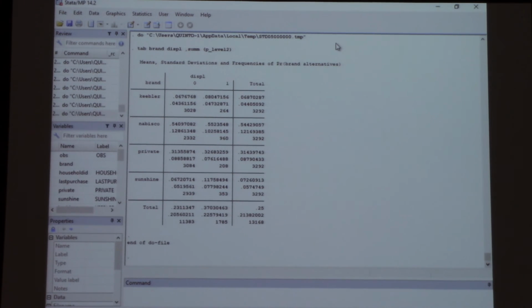For Keebler, we can break this down into display, feature, and feature and display.